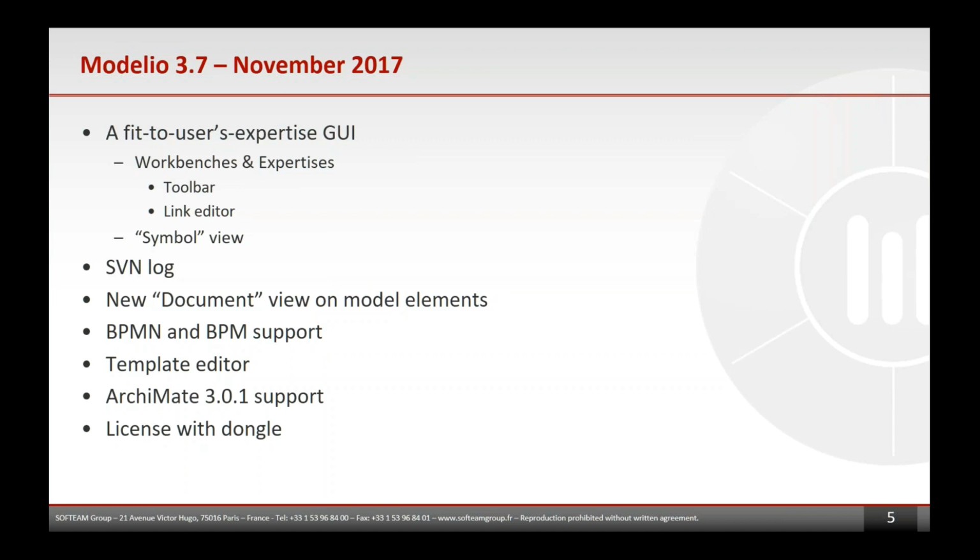The dongle is a means to have a kind of floating license that follows a dongle. For example, if you want to use Modelio on several laptops in several places not related within the same network, the dongle is another mechanism for licenses.